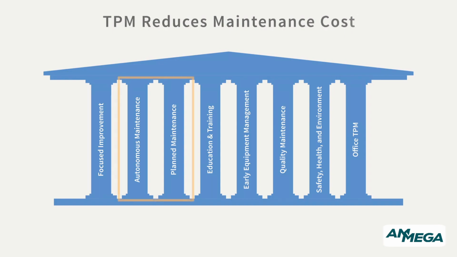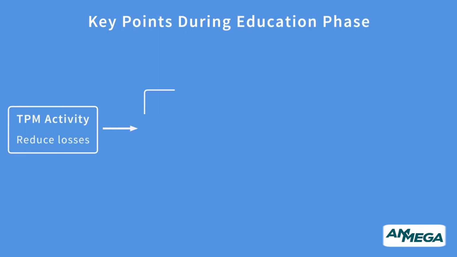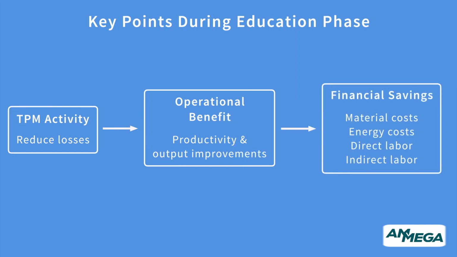TPM activities in planned maintenance and autonomous maintenance pillars help to reduce plant maintenance costs, such as spare parts and labor. The key in the education and planning phase is to understand the relationship between the TPM metrics, various TPM activities, how they address equipment losses, and how this impacts the plant's financials.